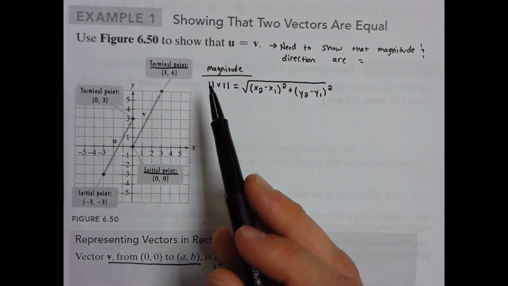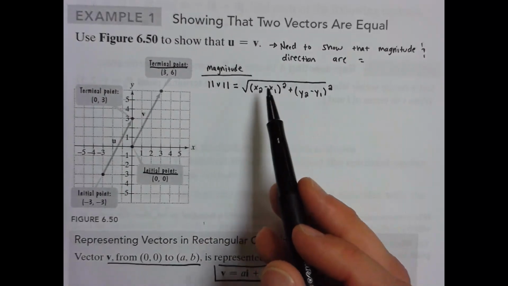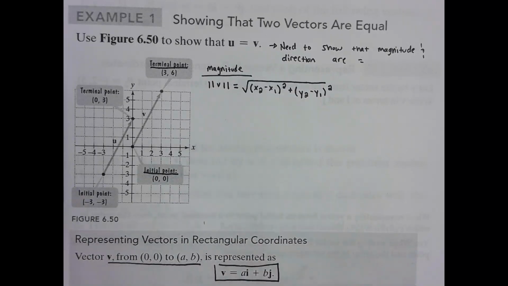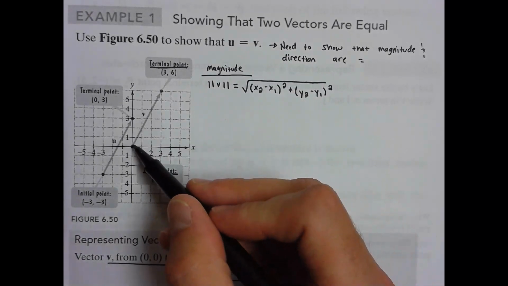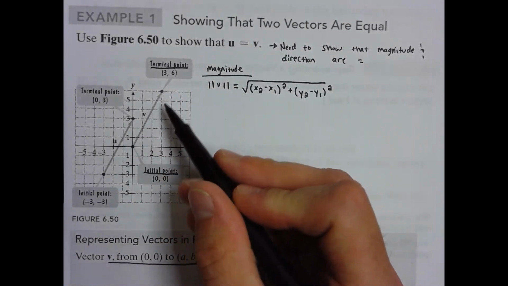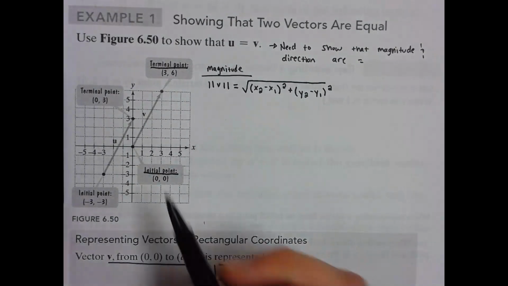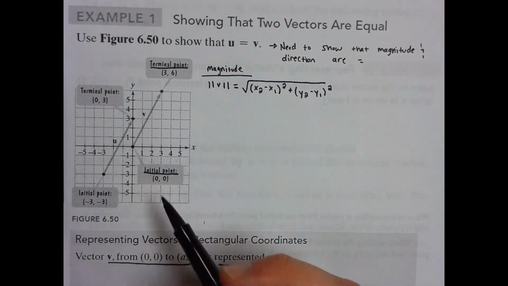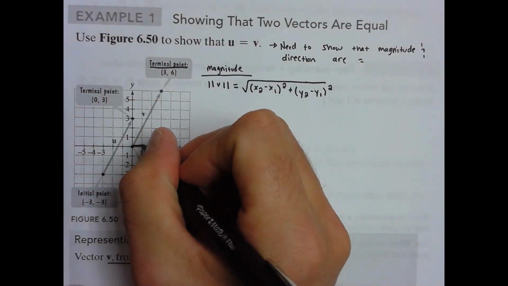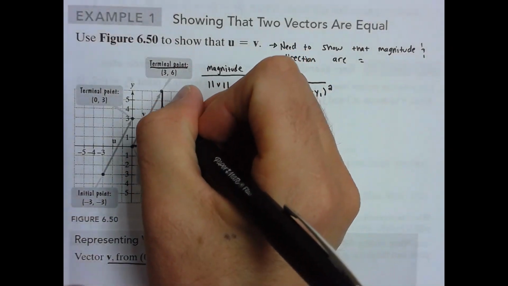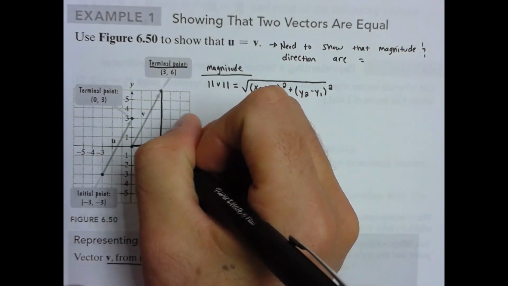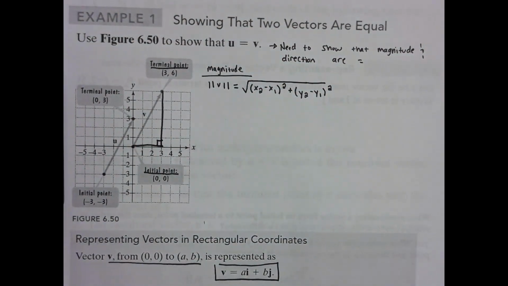If we had the magnitude of v squared equals the horizontal component squared plus the vertical component squared. One way to see that is I have this vector v, which is just a line starting from one point and ending at another. If I draw a triangle connecting the terminal and initial point, that creates a right triangle.